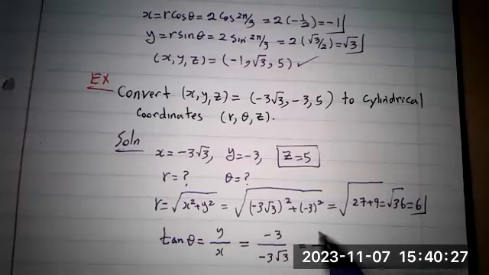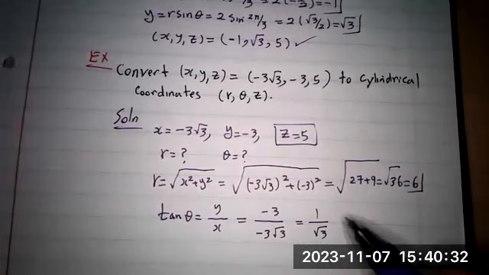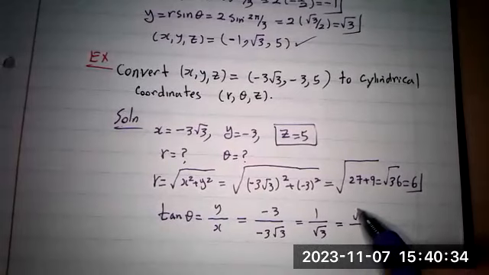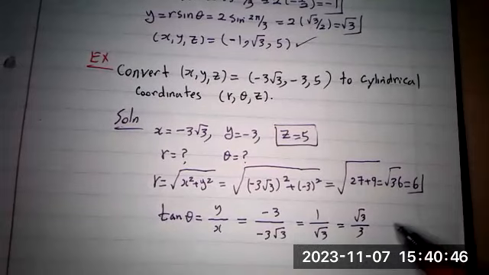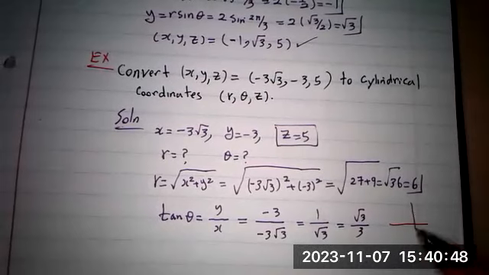You simplify that, it gives 1 over radical 3. You rationalize it, so that gives radical 3 over 3. You have to pick the angle as we did for the polar coordinates. You have to check in which quadrant you are, because that is important.